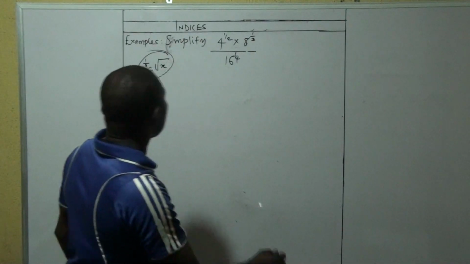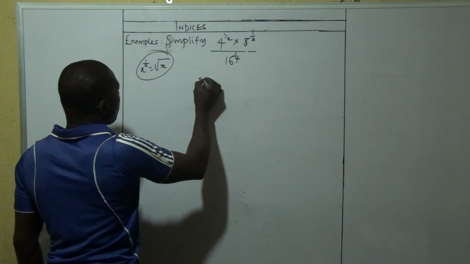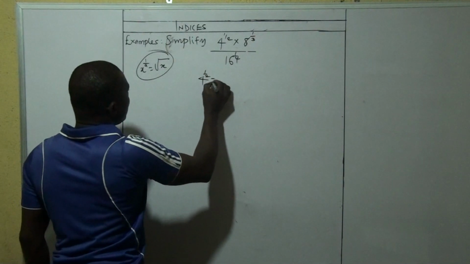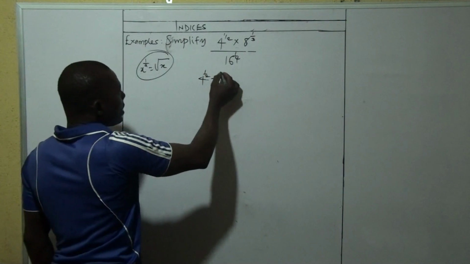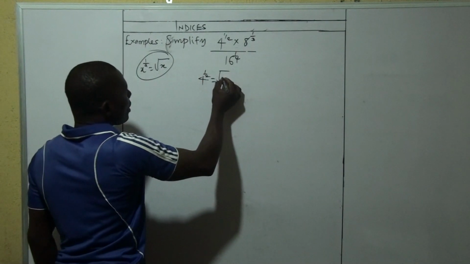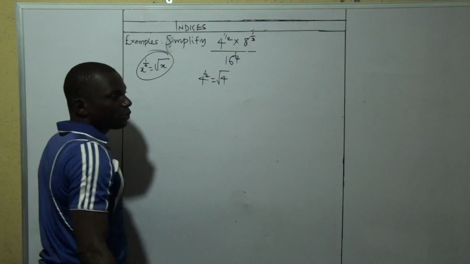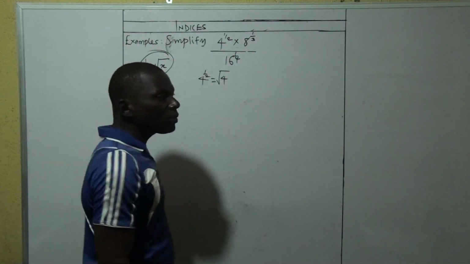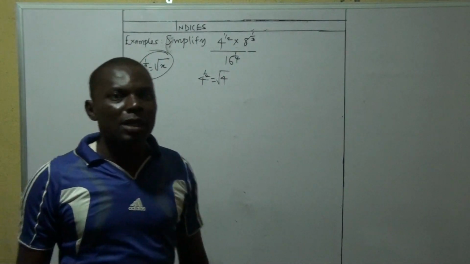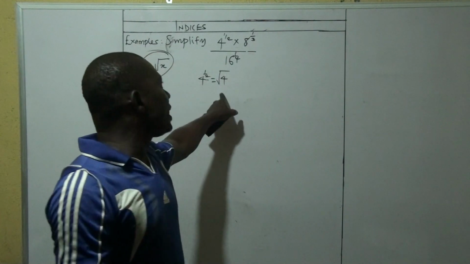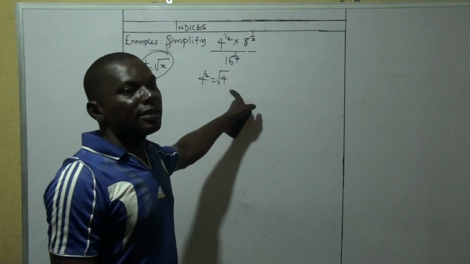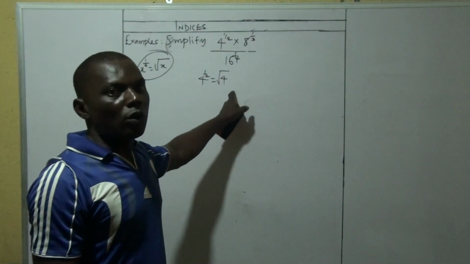So, 4 raised to power half means, like I told you, any moment a is 2, we refer to it as the square root of 4.